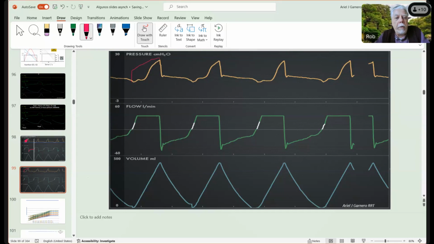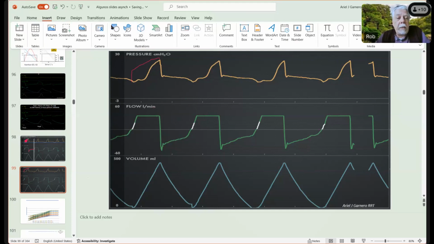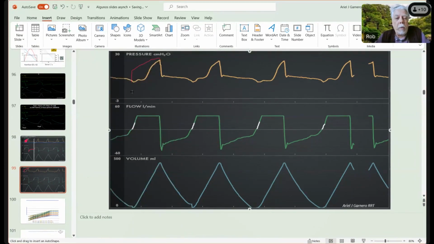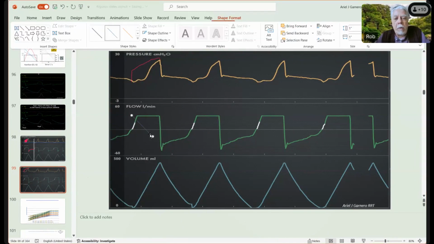They're still flow triggering. They're still doing a fair amount of work shifting, as indicated by that red line. That red line is the pressure that you would see if this was a passive inflation. There was no PMUS. So we do have significant work shifting on this patient. Probably the patient's not very comfortable, right?